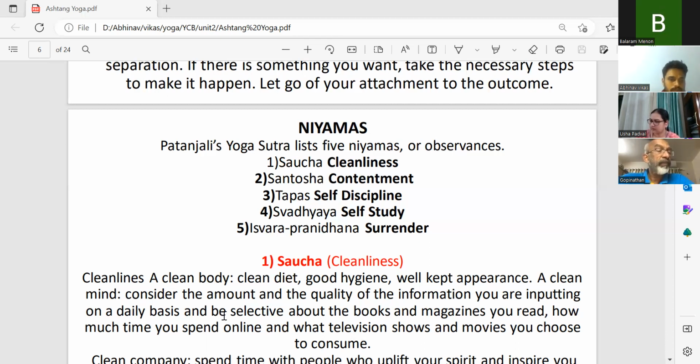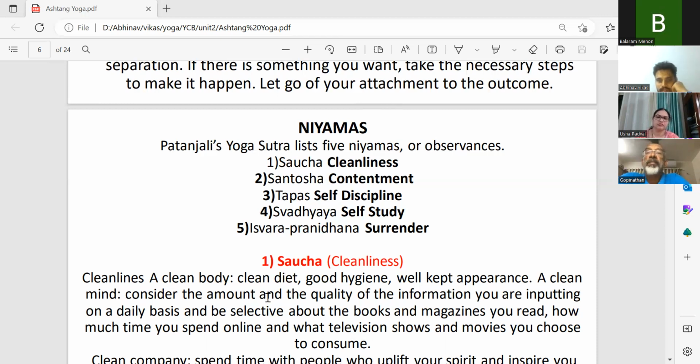Saucha, cleanliness. Shaucha svanga jugupsa parair asamsargah. Cleanliness: a clean body, a clean diet, good hygiene, well-kept appearance. What is a clean body?